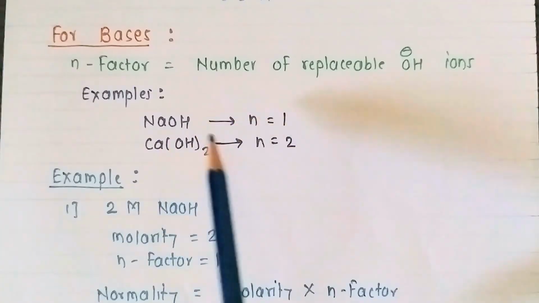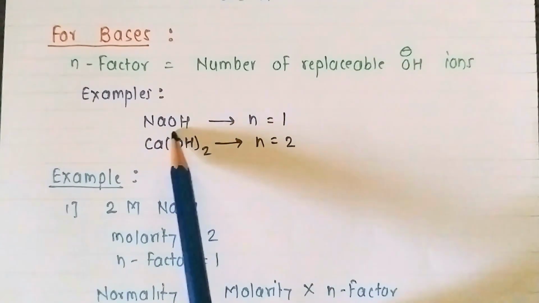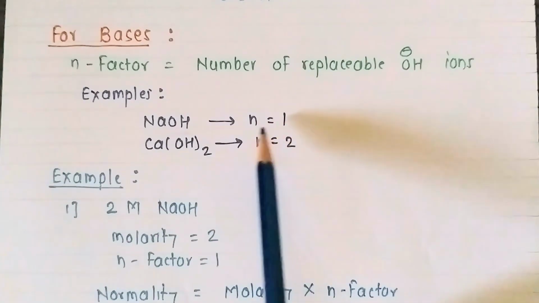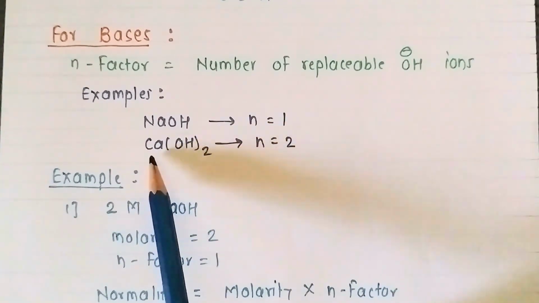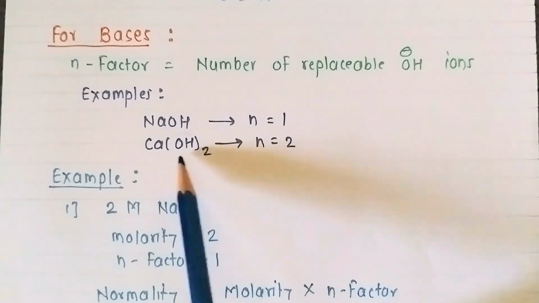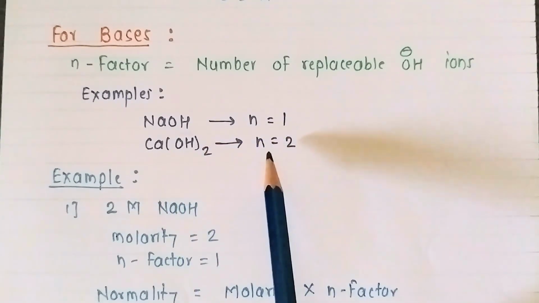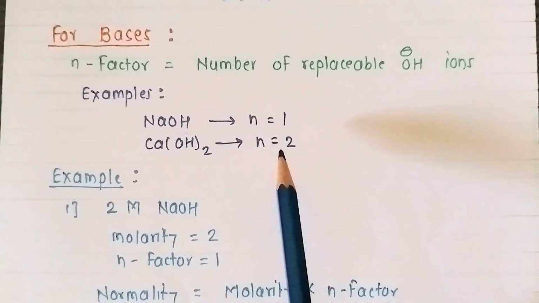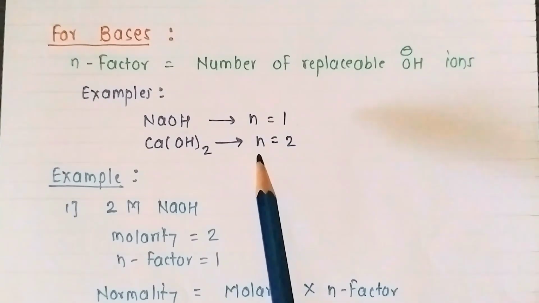For example, NaOH. In NaOH, only one OH minus ion is there, that's why n factor is 1. In calcium hydroxide, Ca(OH)2, two OH minus ions are replaceable, that's why n factor is 2. In this way we understand n factor for bases.